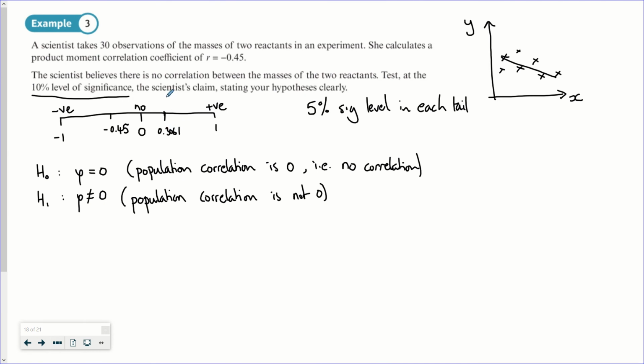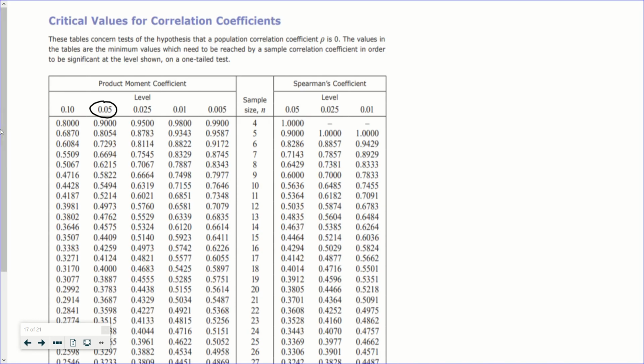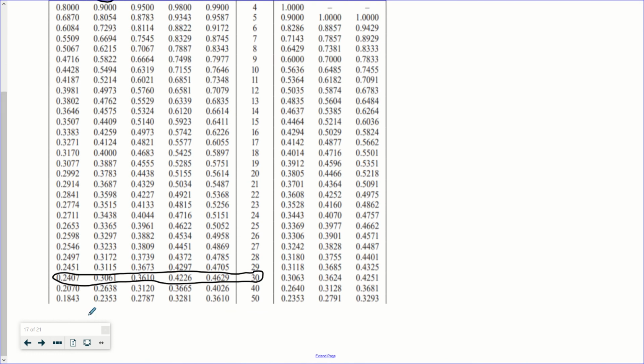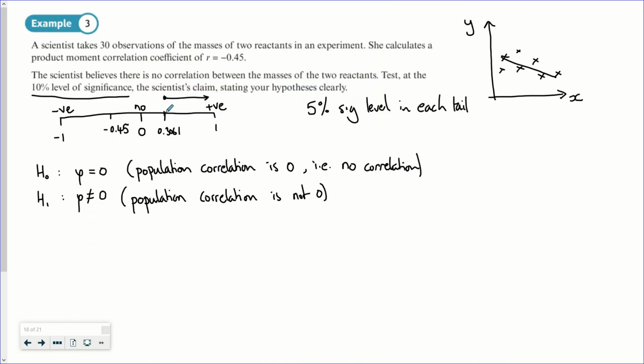So our critical region for the positive side would be that R has to be bigger than 0.3061. Now notice that these tables only have positive values in. Well, it turns out that's because the distribution is symmetrical.